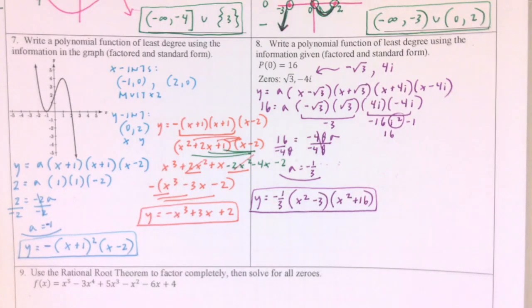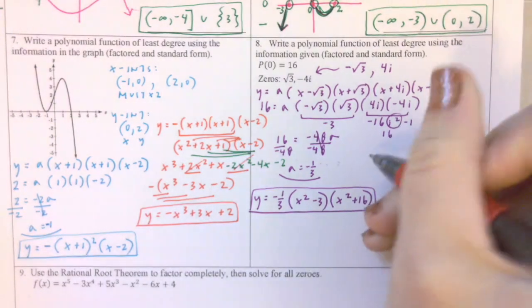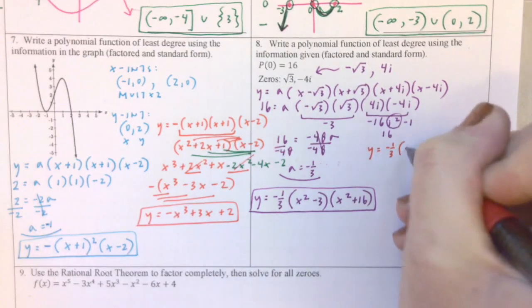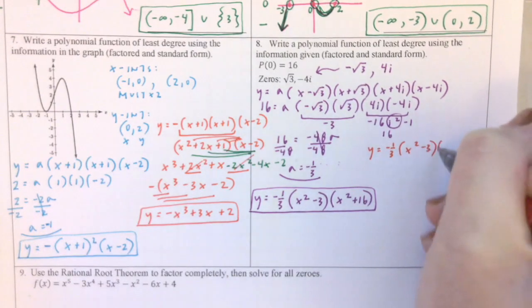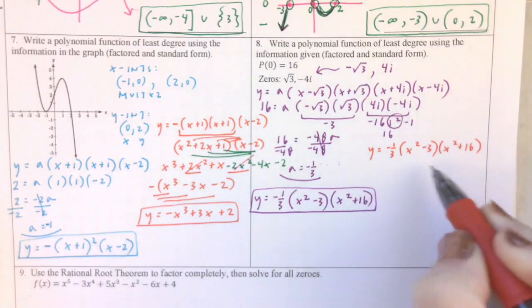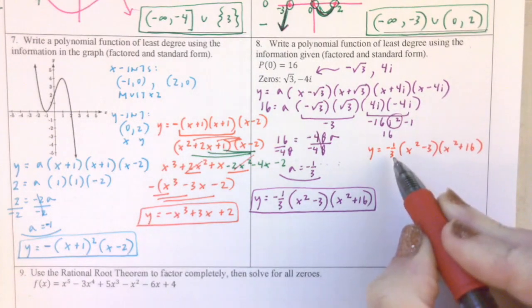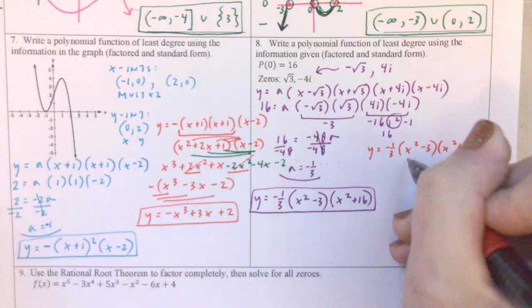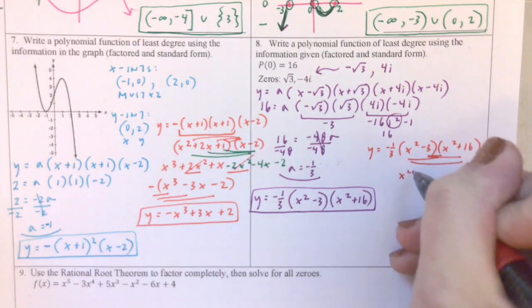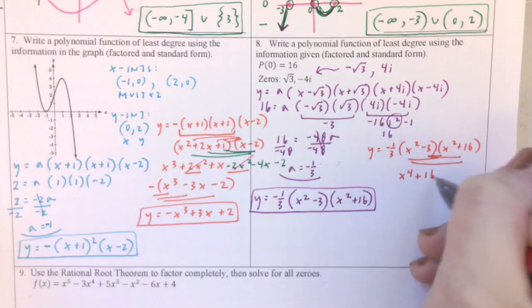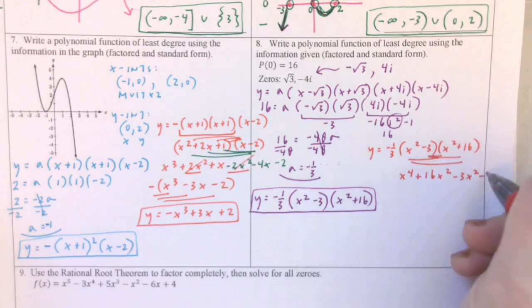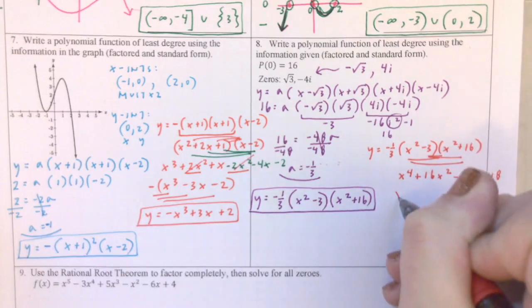Okay, and then lastly, can you multiply out the whole thing? Okay, which means we're going to FOIL this out first and then distribute the negative 1/3. So first, outer, inner, last. So I have x to the 4th plus 16x squared minus 3x squared minus 48.